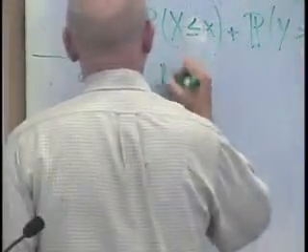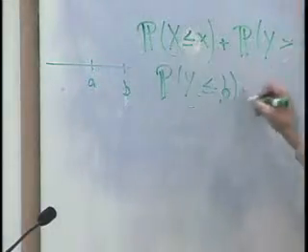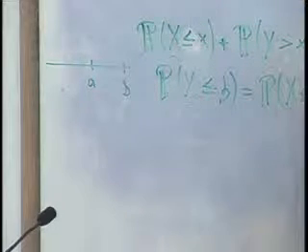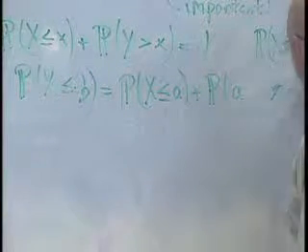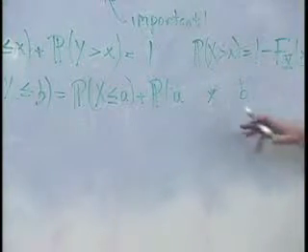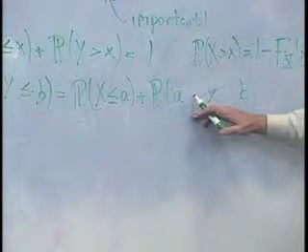Here's another one. Here's B, here's A. The probability that X is less than or equal to B is equal to the probability that X is less than or equal to A plus the probability that X is in between A and B, and let's get this right. Should this be less than or less than or equal?